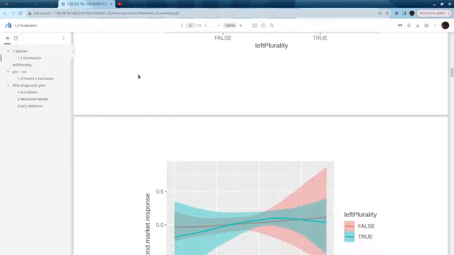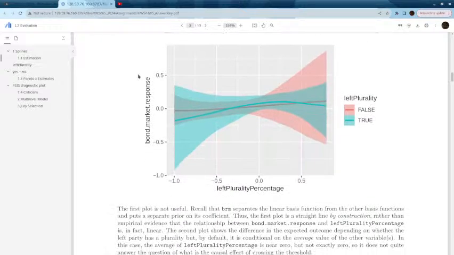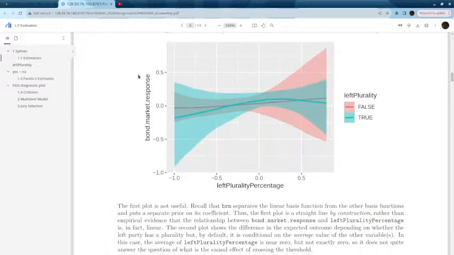The third plot is actually closer to useful. This shows the interaction between the two variables, the running variable and the dichotomous variable, as to whether it crosses. So the red function there is conditional on all the data where left plurality percentage is negative, but it's extended across the whole range.